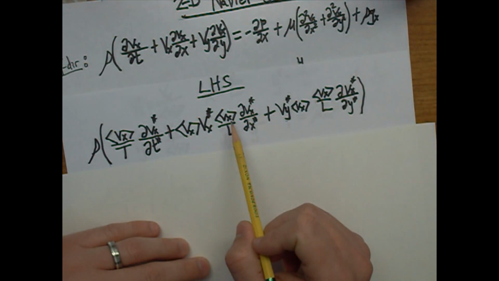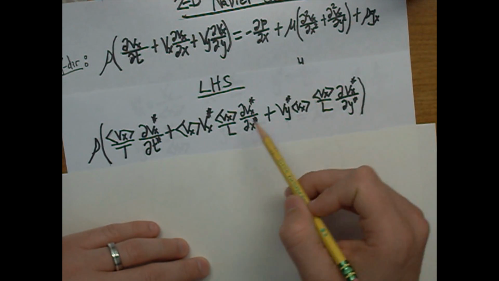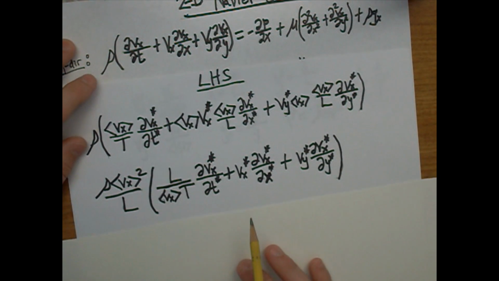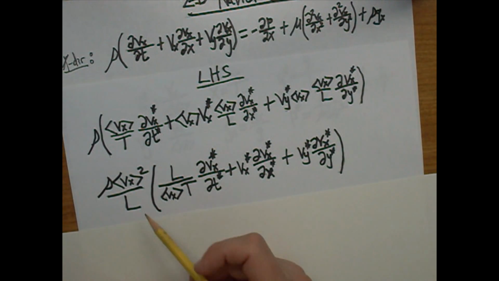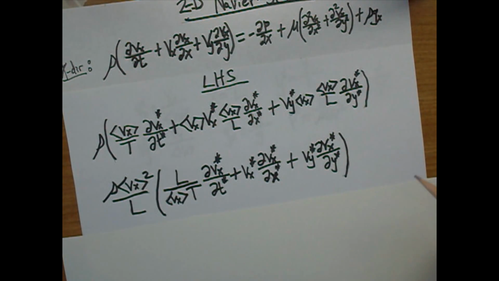Now we see we can rearrange some of these terms because we have the same things in each one of these, and when we rearrange it, we get this equation right here. So this is the left-hand side of the two-dimensional Navier-Stokes equation, non-dimensionalized. Now let's look at the right-hand side.